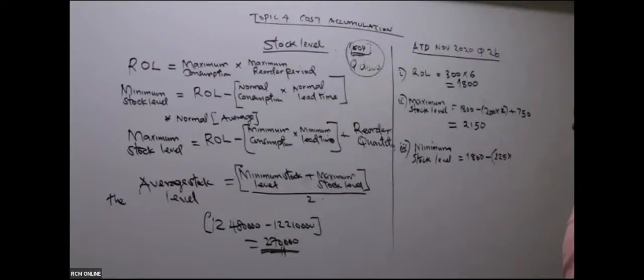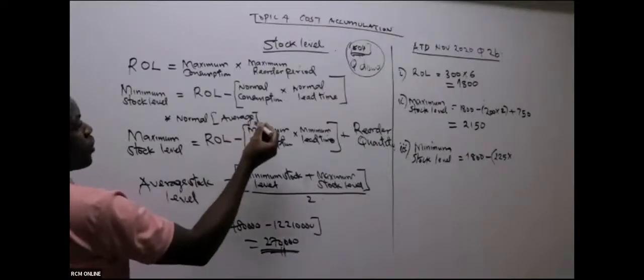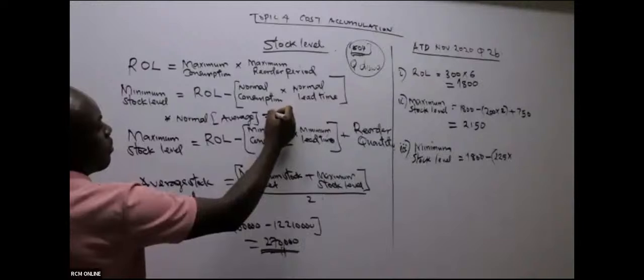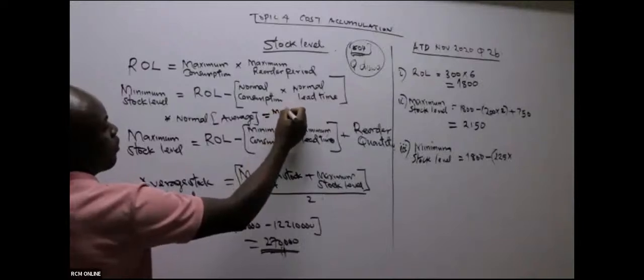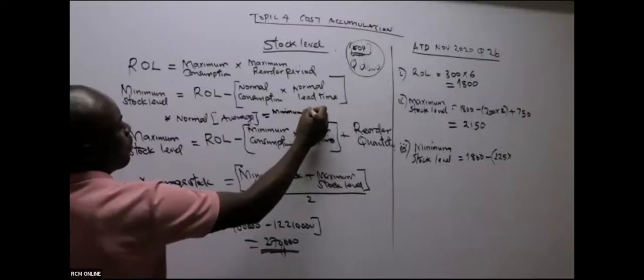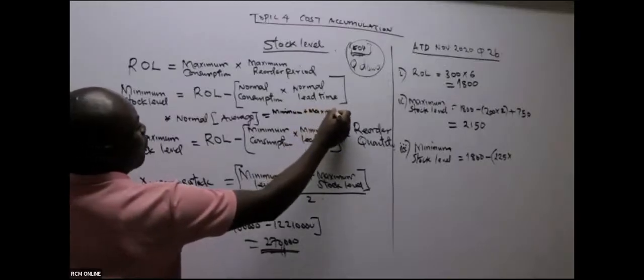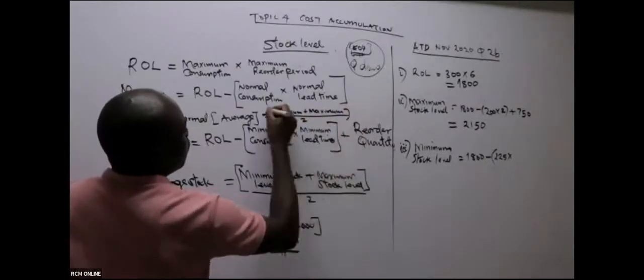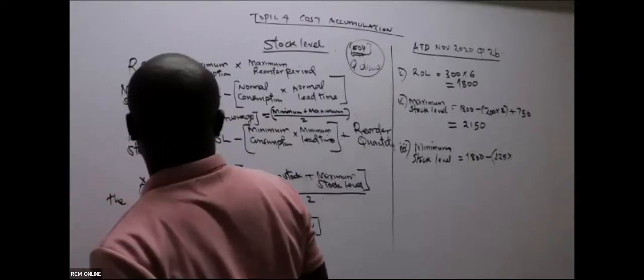Not given directly. So please use what you have to give me the average lead time. So normal or average, here we are talking about minimum plus maximum, then you divide by 2. So this will give you what we are missing.